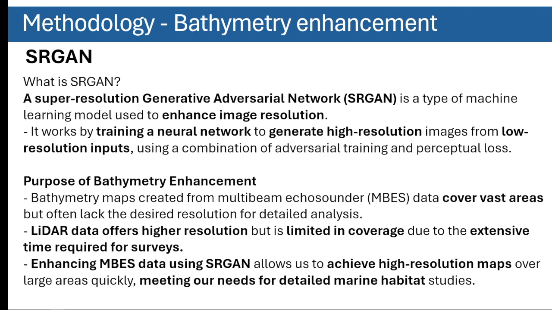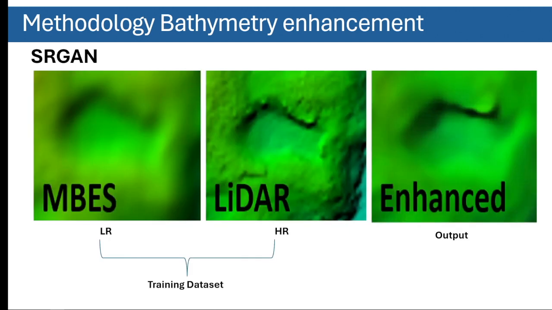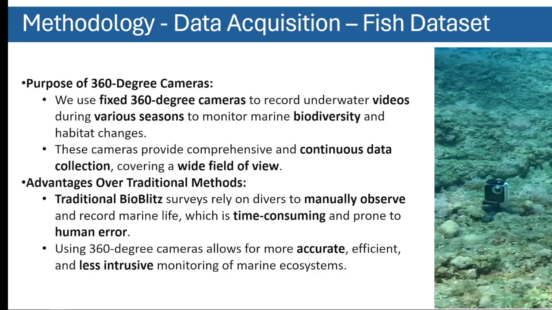And I got these results. On the left side, we have the multi-beam and the LiDAR. They were the data set. And on the right side, the enhanced, this is the output of our model. We can see that we improved between this one and this one. We improved the multi-beam and the enhanced almost 80 to 90%. And this is an amazing result.